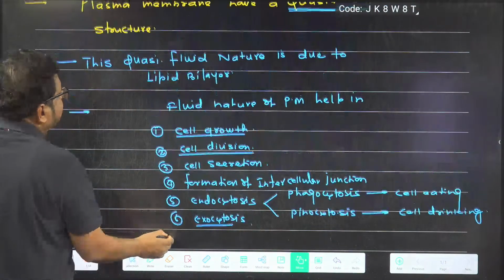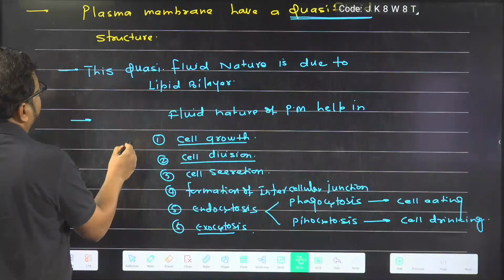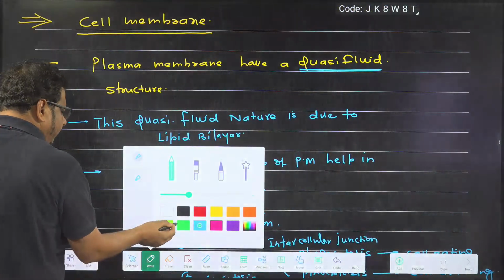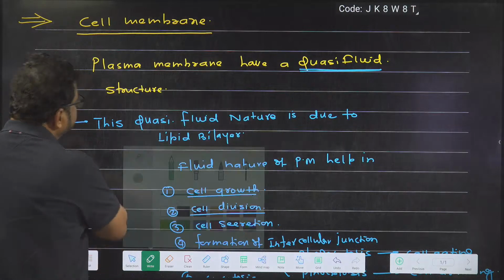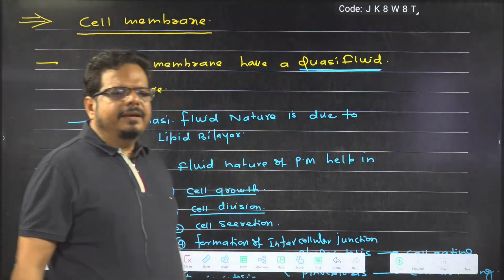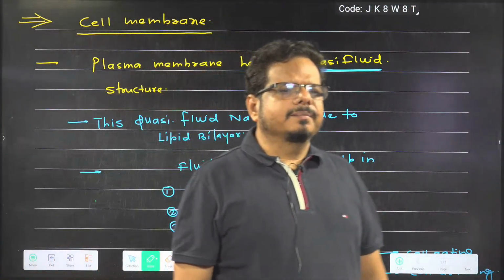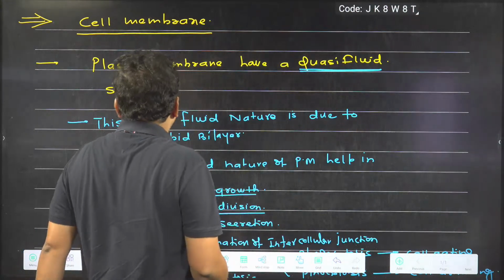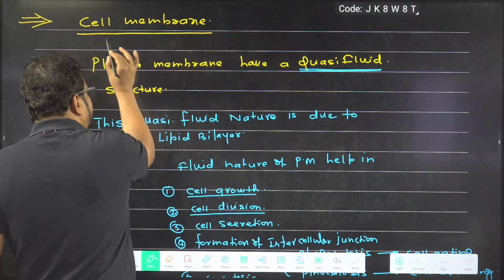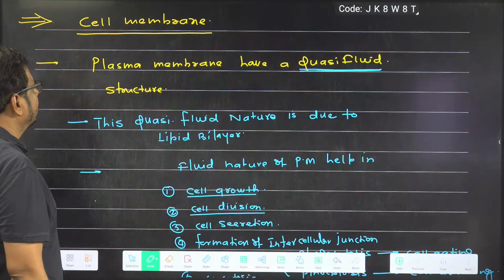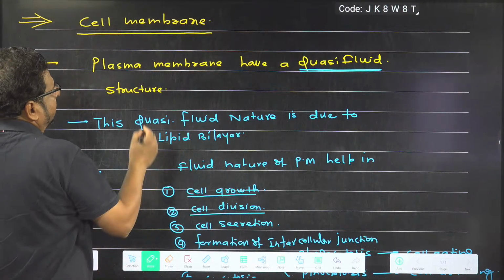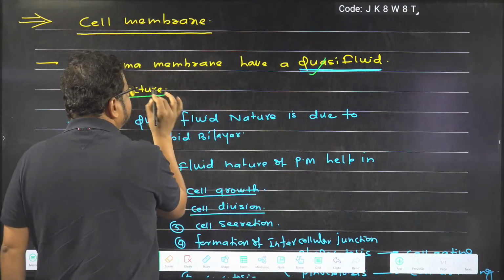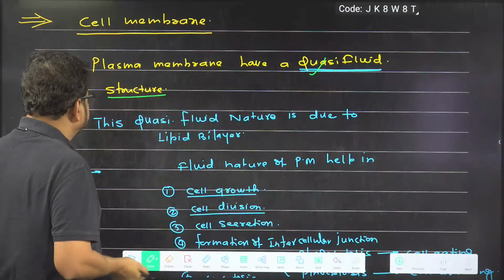So let me once again tell what I told in this particular slide. I just continued with the plasma membrane. I will say about cholesterol, don't worry. What I told in the plasma membrane is that the plasma membrane has a quasi-fluid structure, means it looks like a fluid, honey.